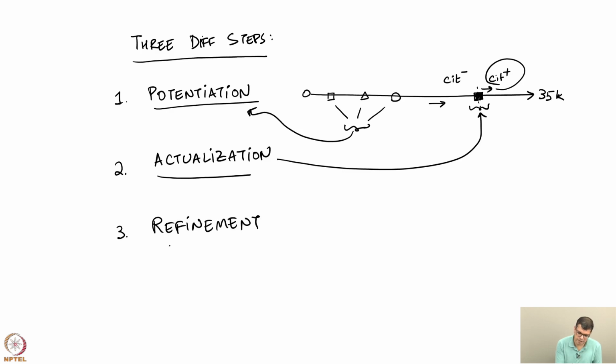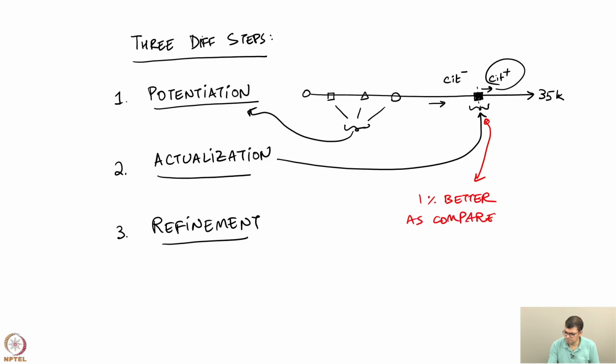And in refinement, what we saw that even with that duplication event in Cit-T, this was only growing 1% better as compared to the Cit minus cells. So, the advantage is not huge, but something novel has happened.